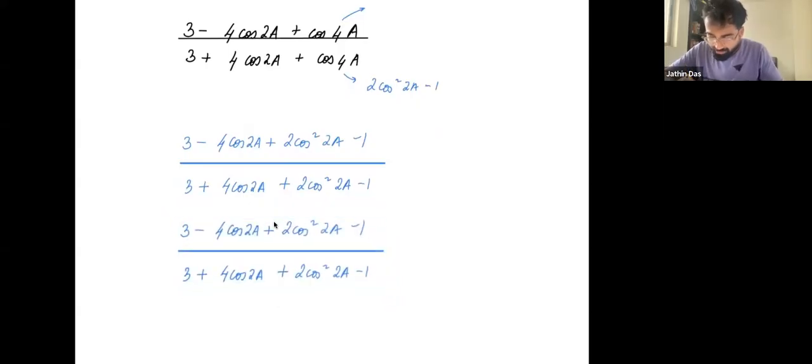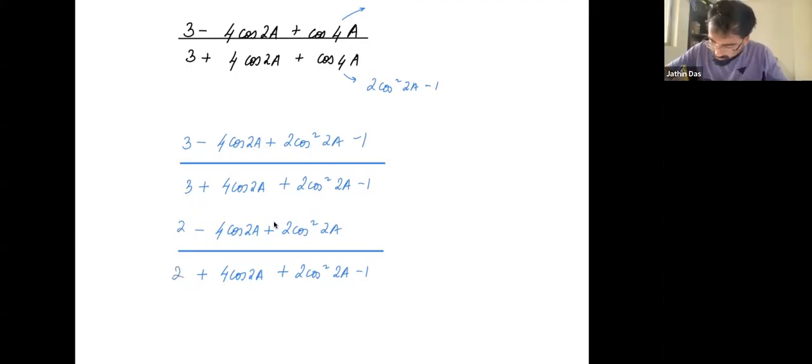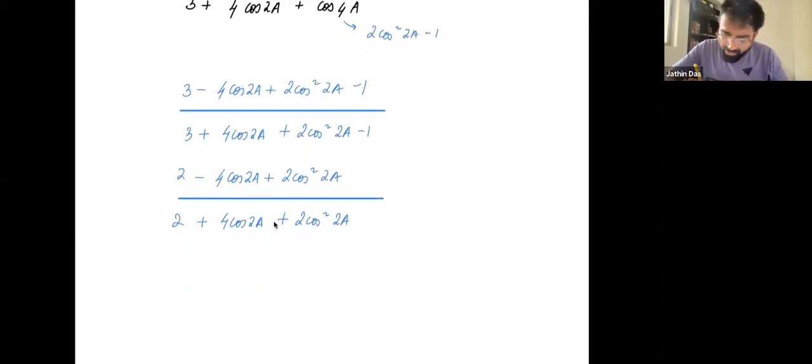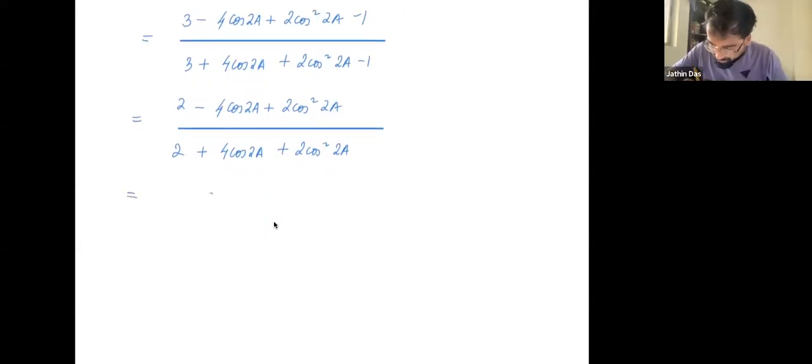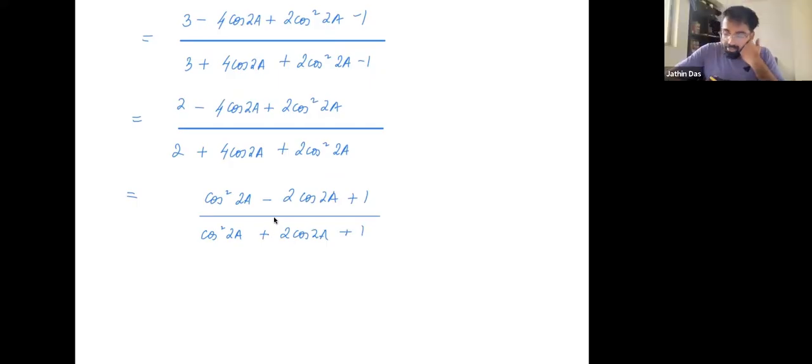You observe, right? We can take 2 common. So it will be cos square 2a minus 2 cos 2a plus 1 and cos square 2a plus 2 cos 2a plus 1. Correct or wrong? Correct. After that, when you see it, does something come to mind?